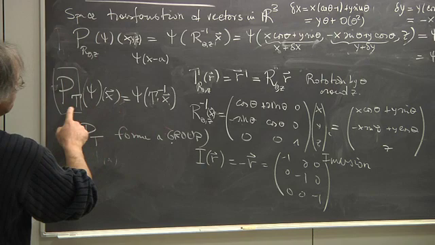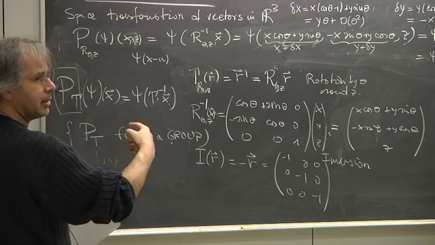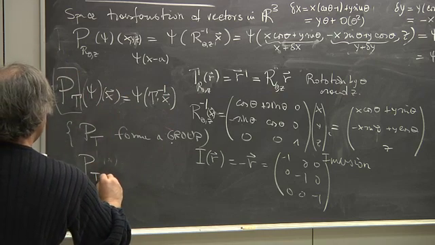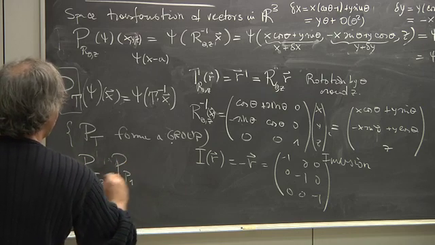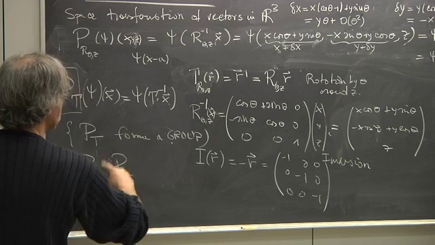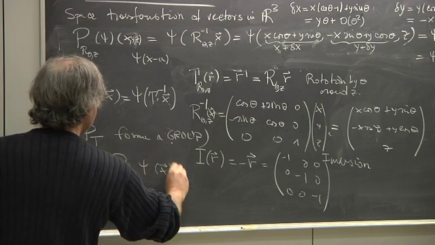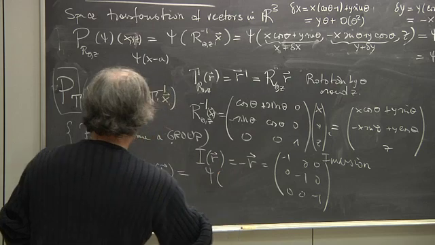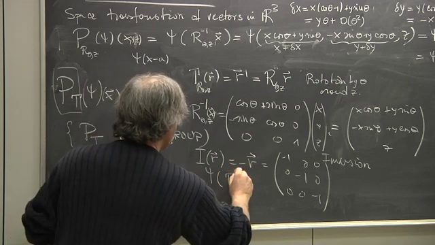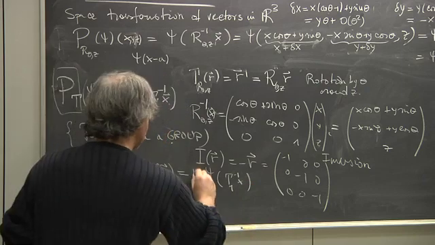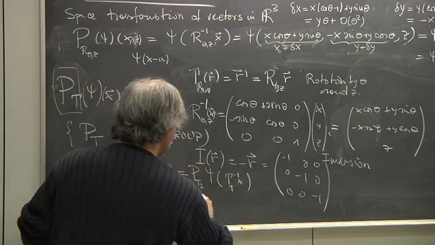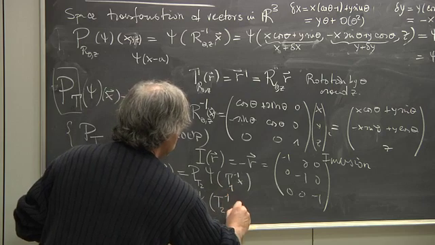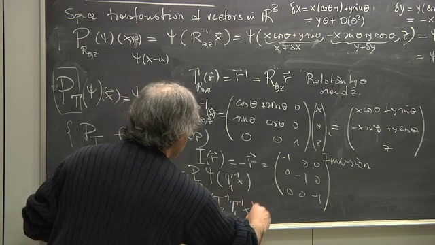If I do a first transformation, meaning calculating psi, then I can do a second. So, for instance, if I apply P of T2 after having applied P of T1, to a function, and I calculate the result in x, the first one amounts to calculating psi at position T1 to the minus 1. But then I still have to apply the second. The second means calculating the same psi at T2 to the minus 1, T1 to the minus 1 of x.